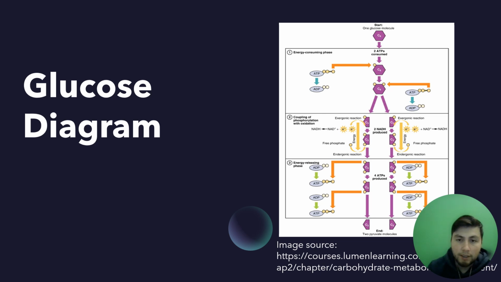If you look closely at the diagram, you'll see that glucose plus 2 NAD, 2 ADP, and 2 Pi creates the 2 pyruvate. The Pi stands for inorganic phosphate.